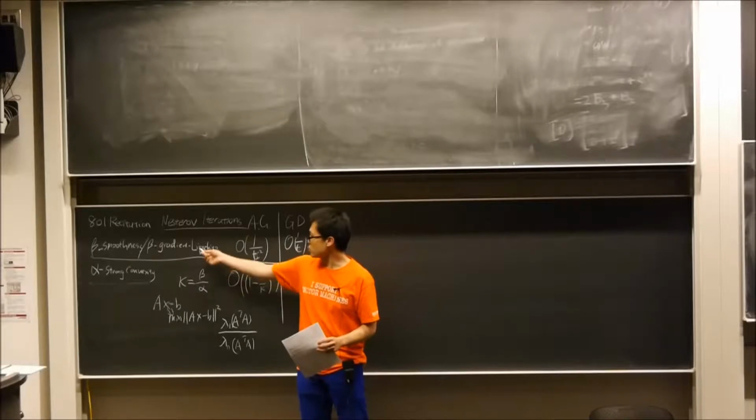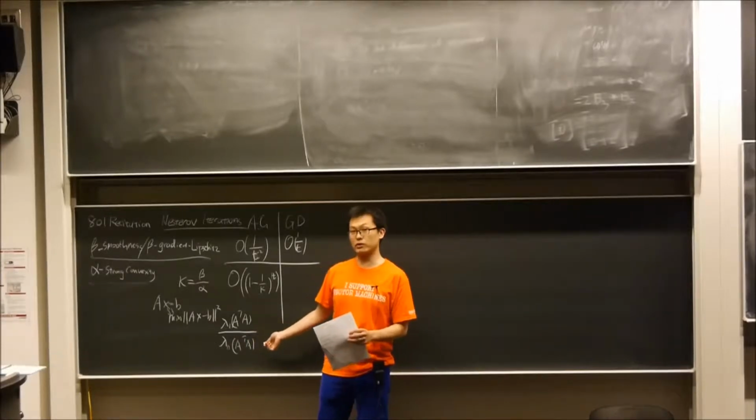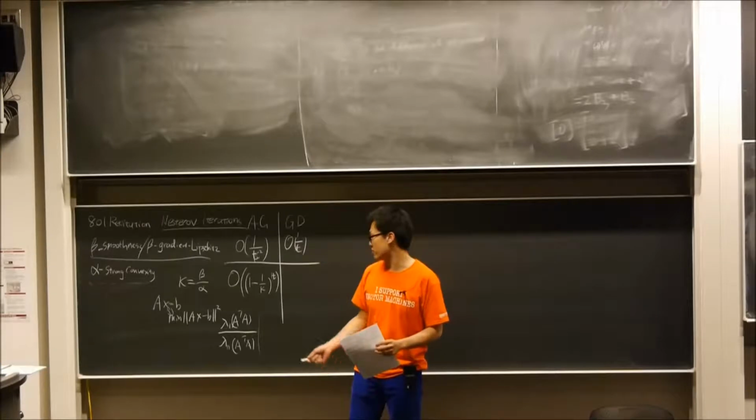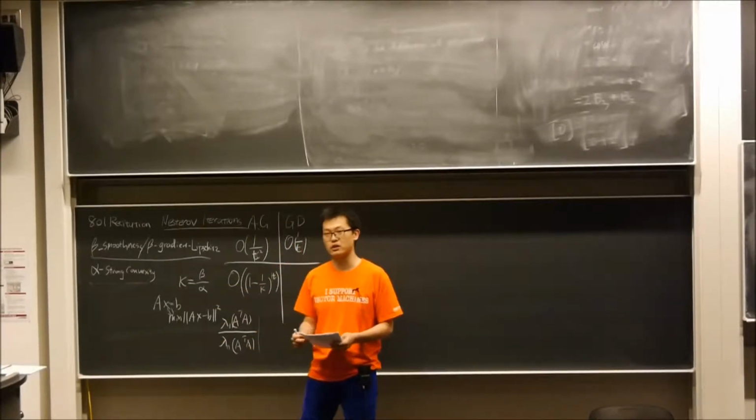So here, with the smoothness and strong convexity, this is essentially a generalization of the ordinary definition of the condition number of a matrix. So this is the condition number of the function we are minimizing.